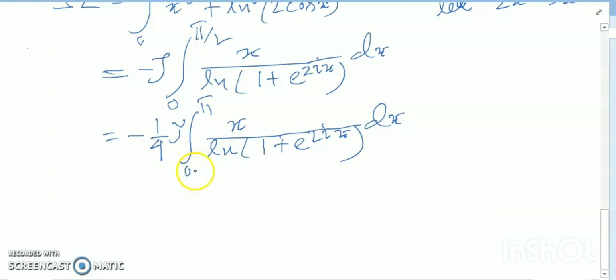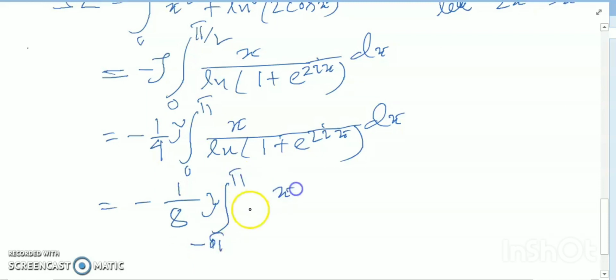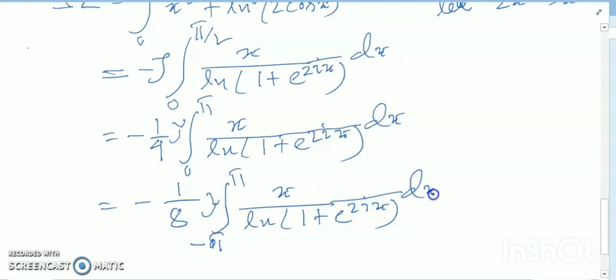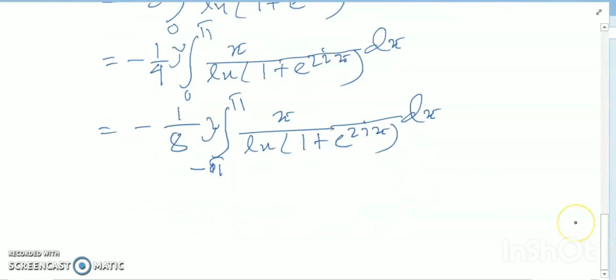So it can be written this way, minus 1 by 8, imaginary part, integral from minus pi to pi of x divided by ln 1 plus e to the power 2ix dx. So e to the power 2ix can be written as e to the power ix.